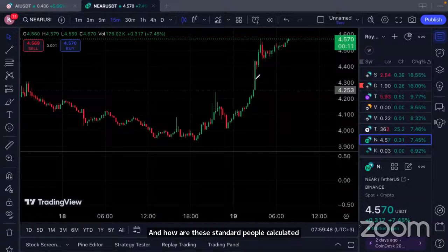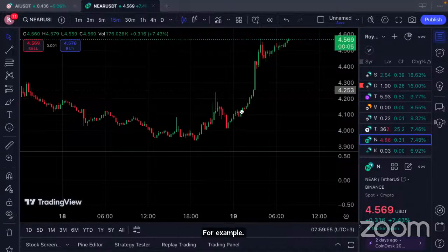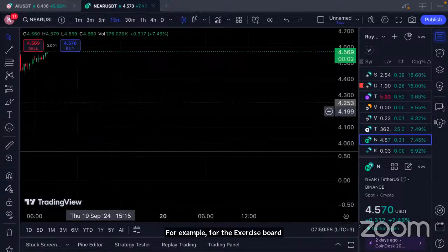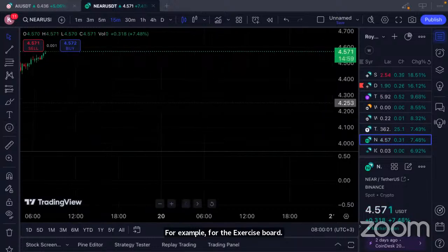Okay, the standard pivot points. For example, for the exercise, let me create a blank board.